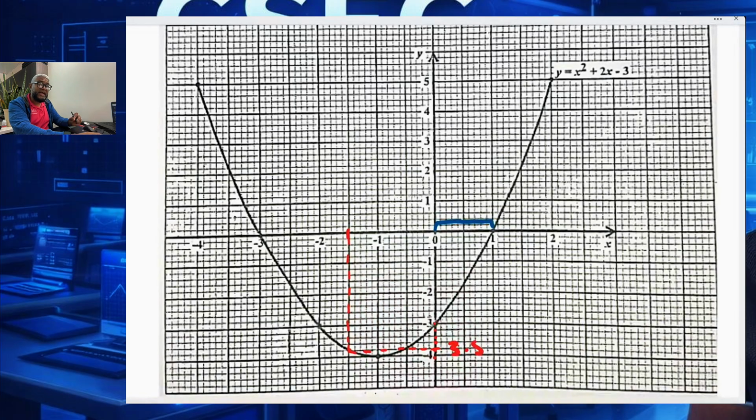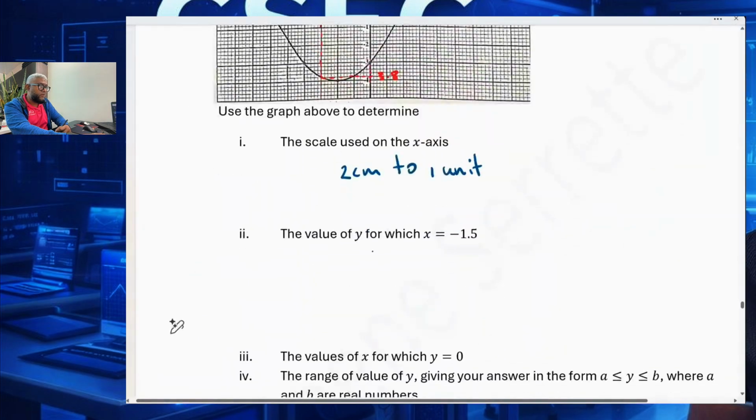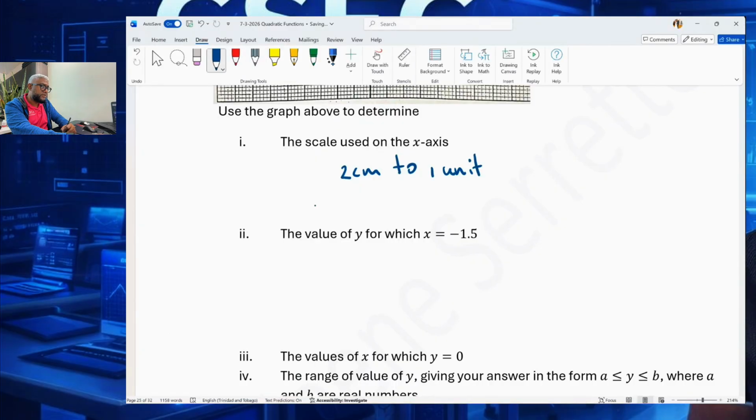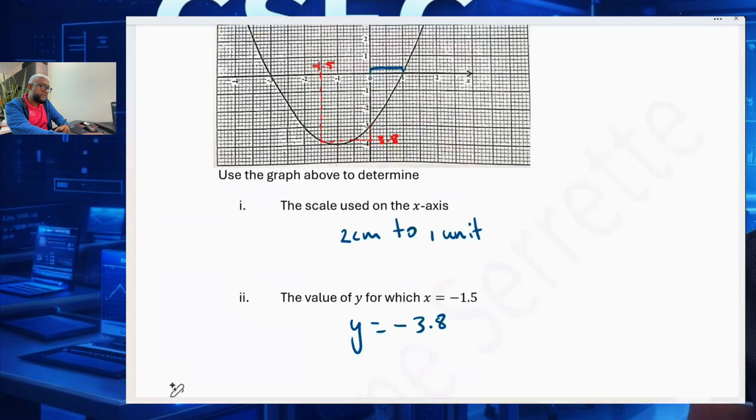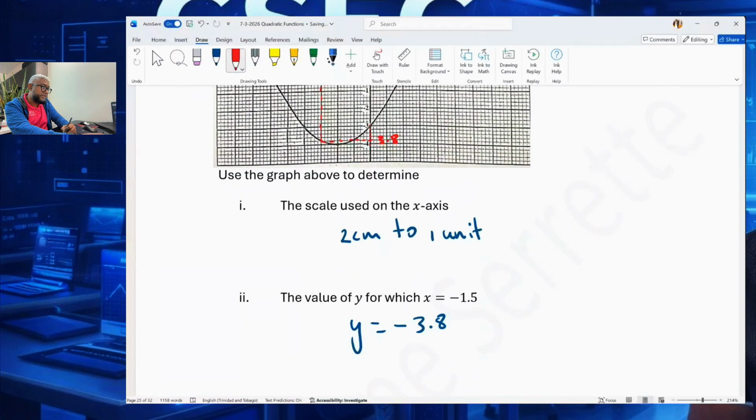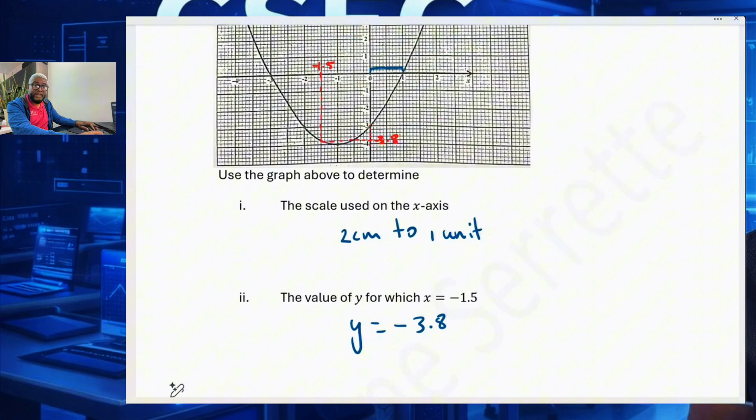That's the value of y when x is equal to negative 1.5. So y will be equal to negative 3.8. I just put 3.8, it's supposed to be negative 3.8. Everybody good there? We winning.